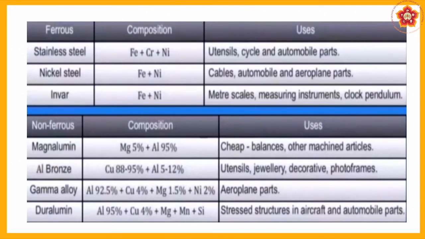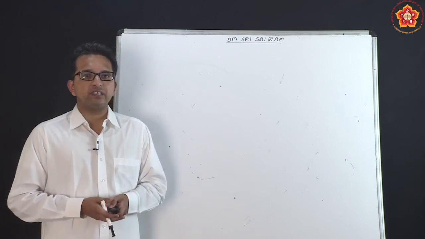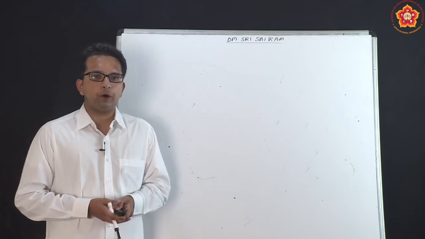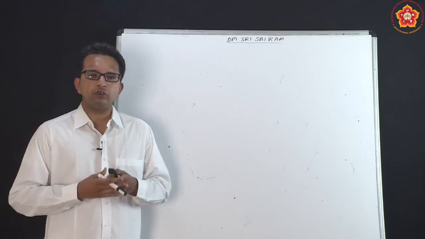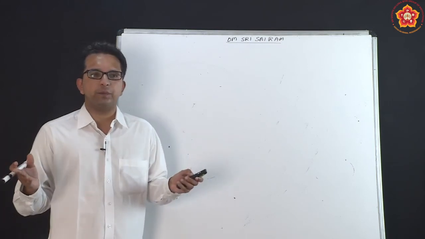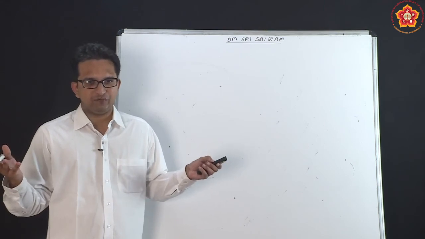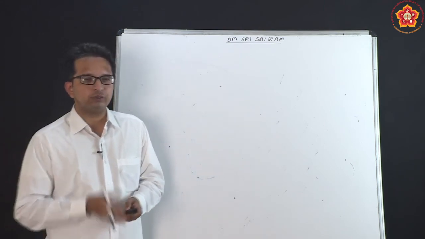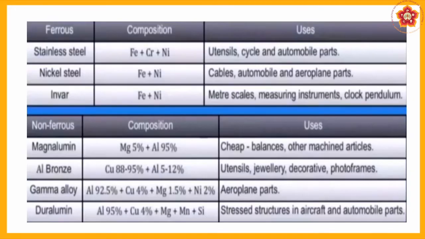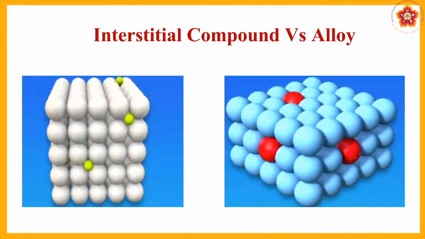So this is all about the physical properties of these compounds, and with these physical properties we can use them in various segments of our day-to-day life. Having seen all these parts, let us now look into certain homework and revise some parts. This is just a pictorial representation: interstitial compound versus alloy. See what the difference is between these two.